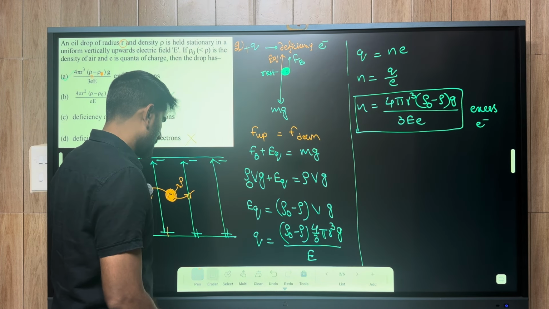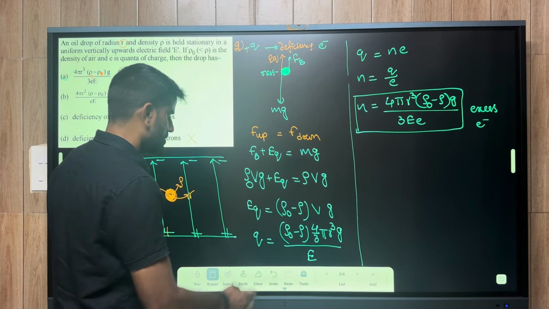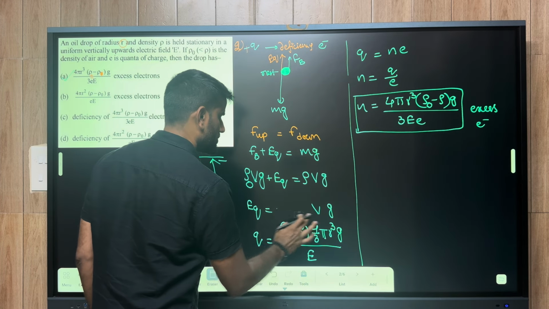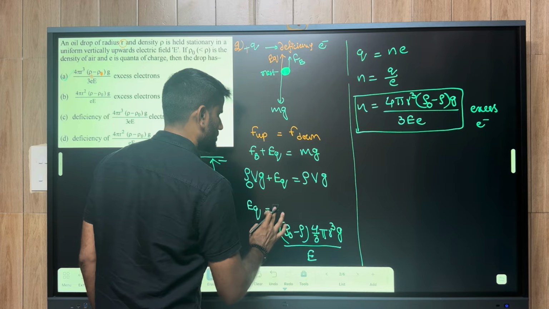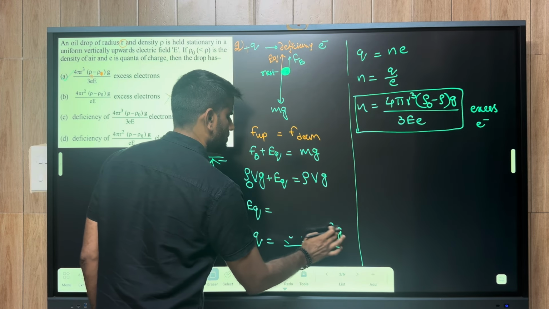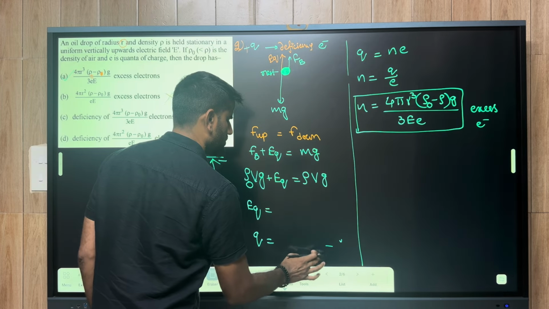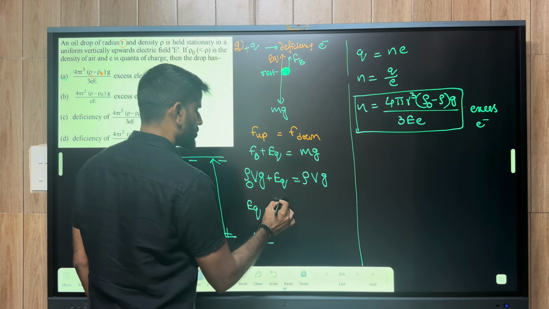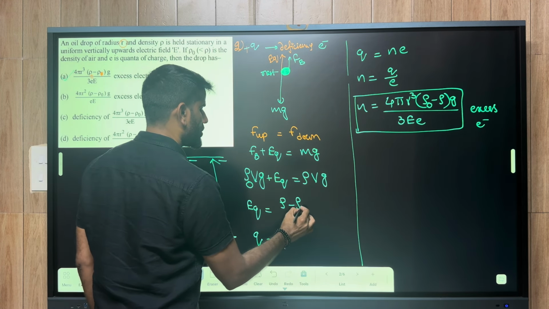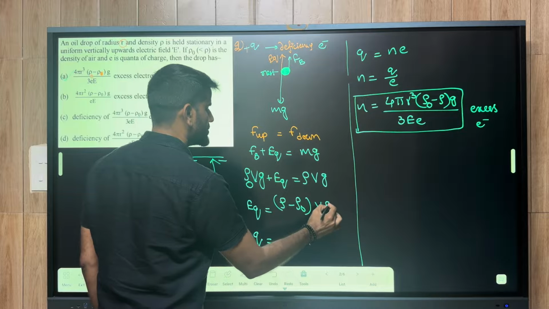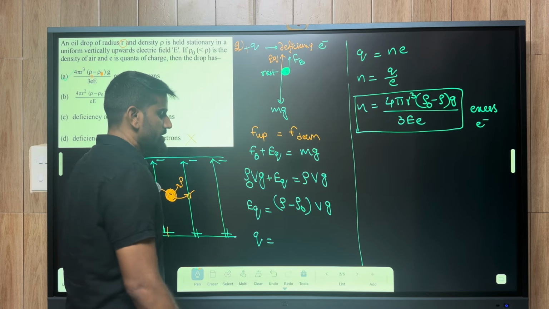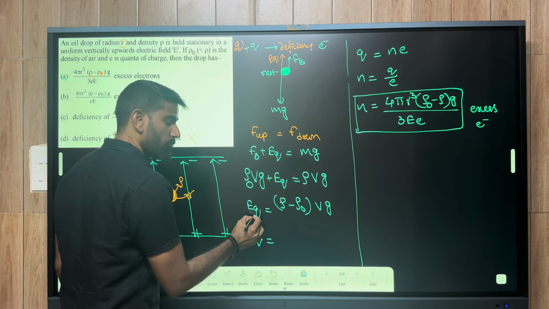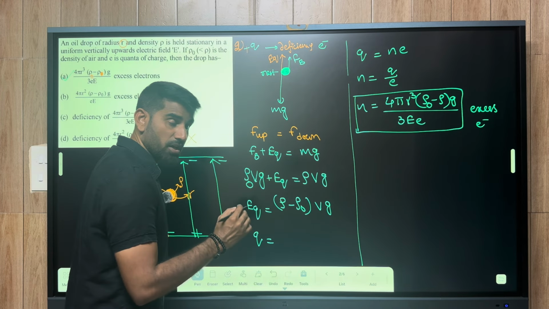So rho minus rho naught into Vg. So I'm going to find the equation for the charge.